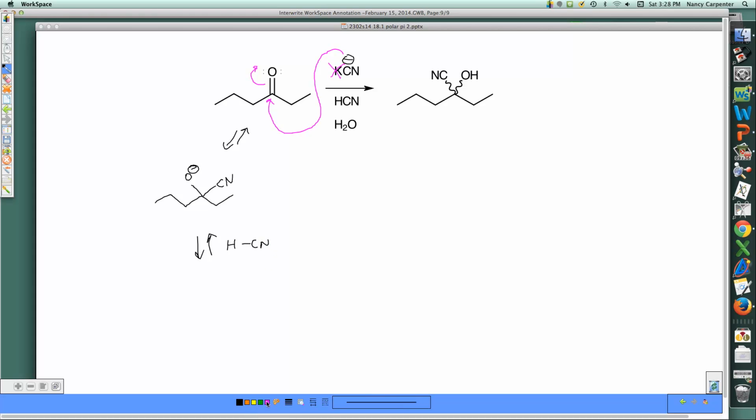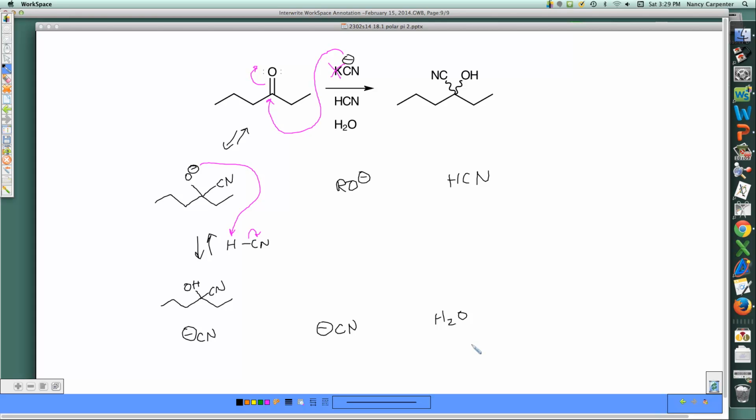Look at this acid-base equilibrium and compare this conjugate base to this conjugate base, or this conjugate acid to this conjugate acid.